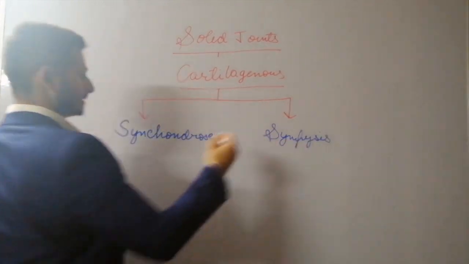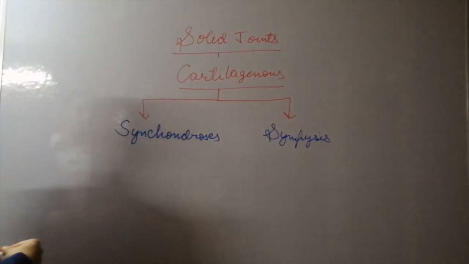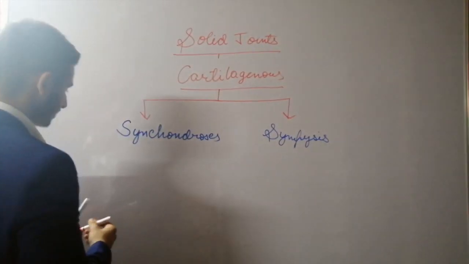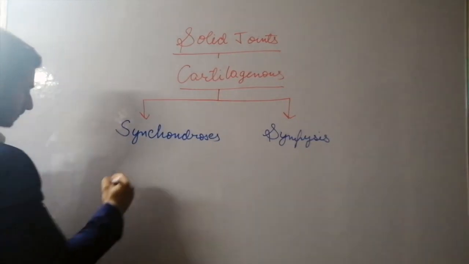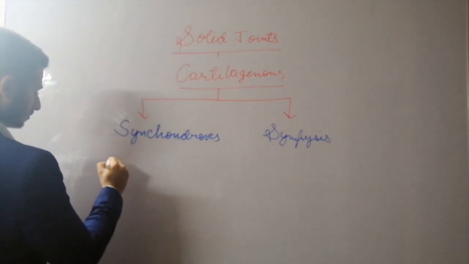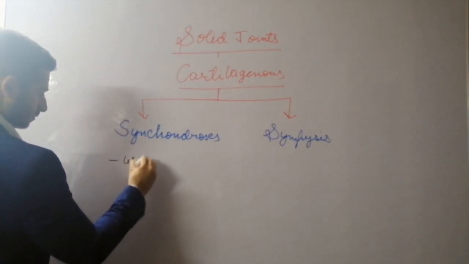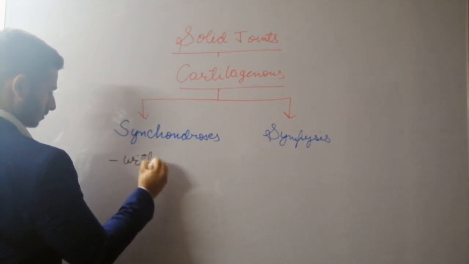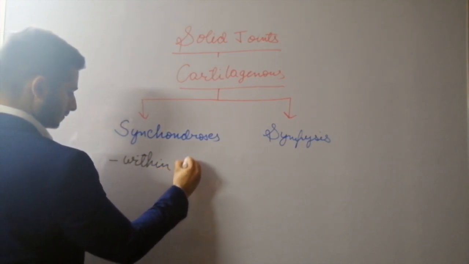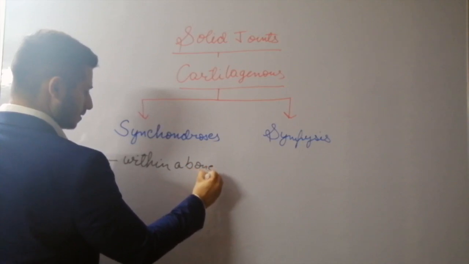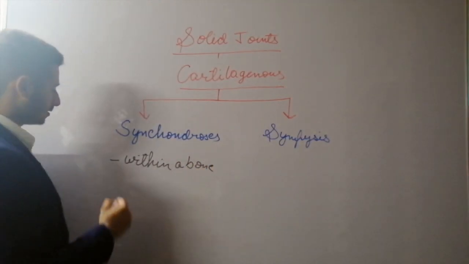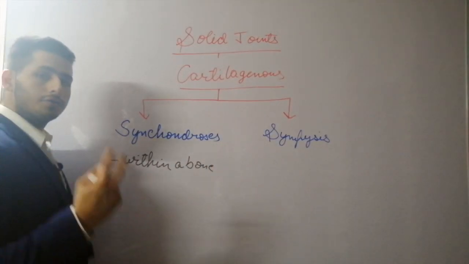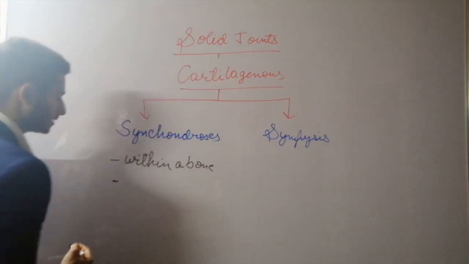Now, what is synchondrosis? There are some bones that have two ossification centers.